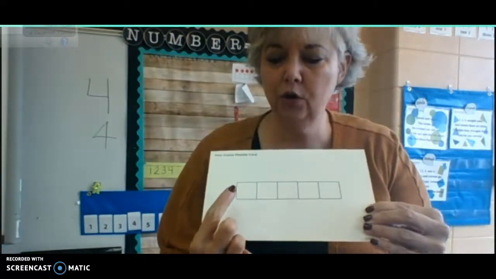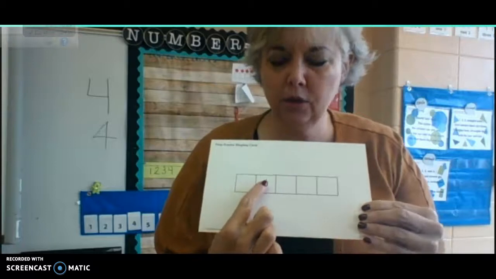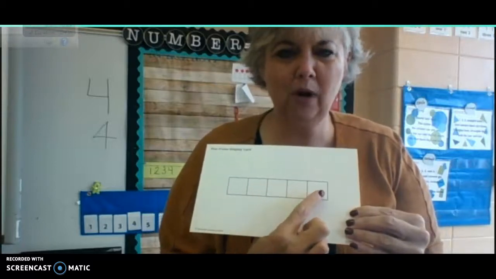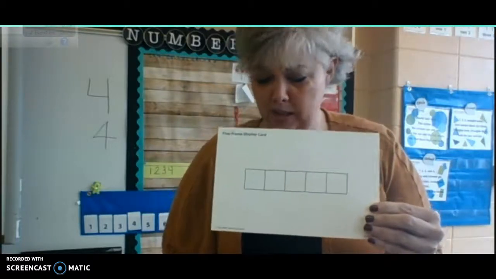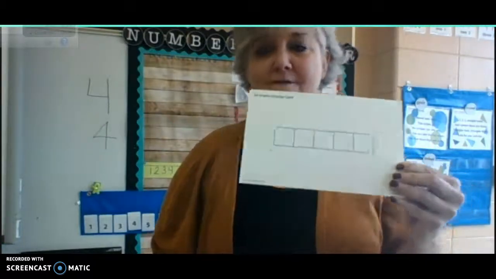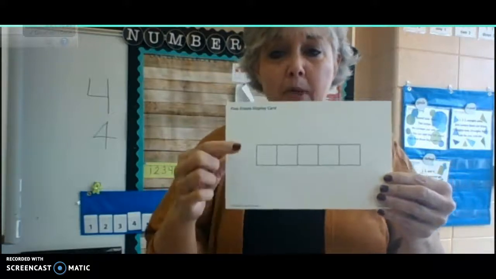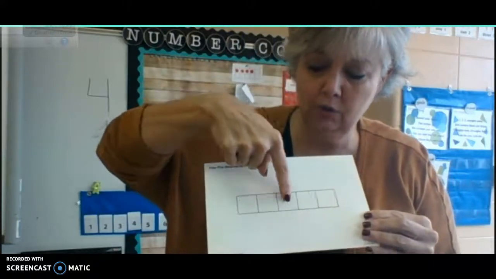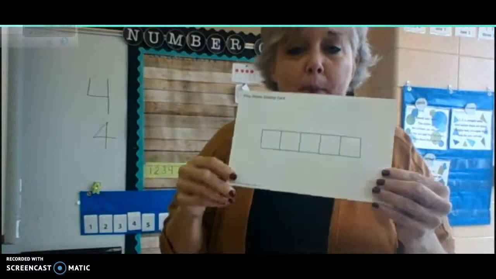Did your mind tell you there are 1, 2, 3, 4, 5 boxes? Well, guess what? This is called a 5 frame because there are 1, 2, 3, 4, 5 boxes in it.